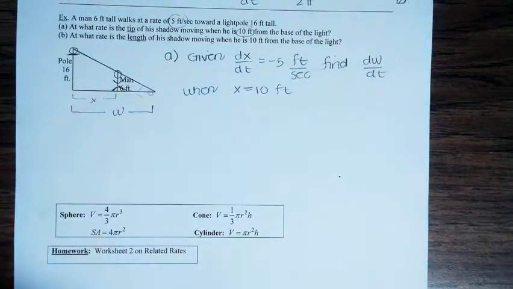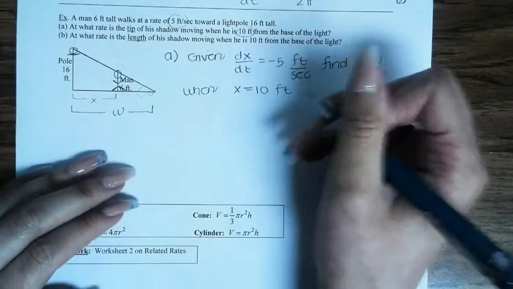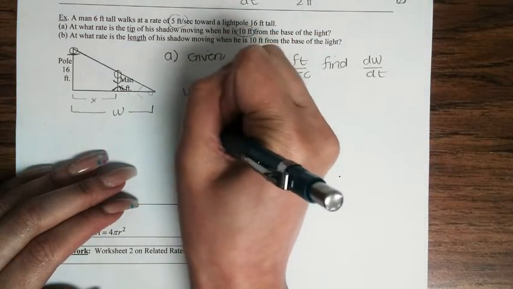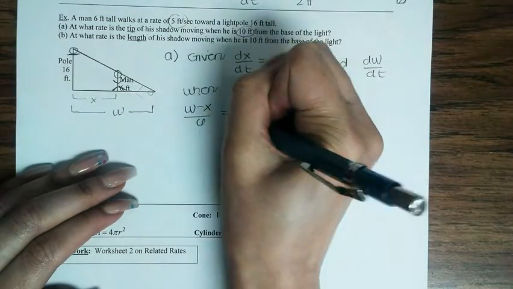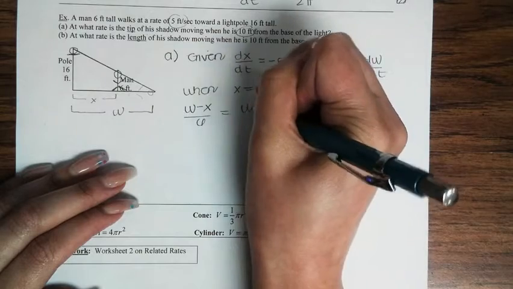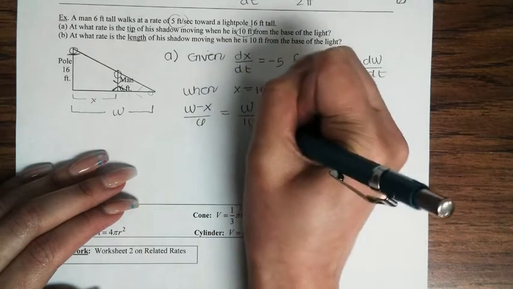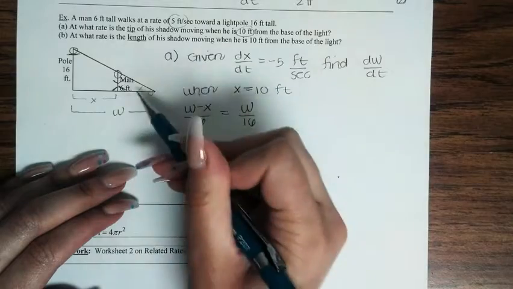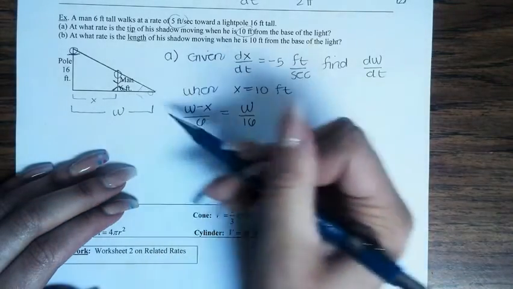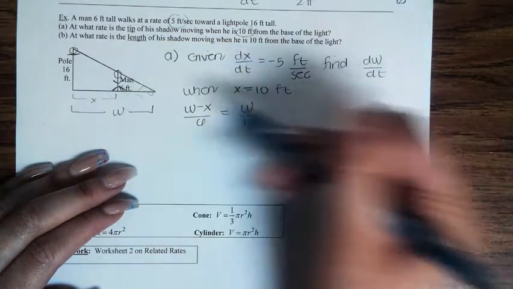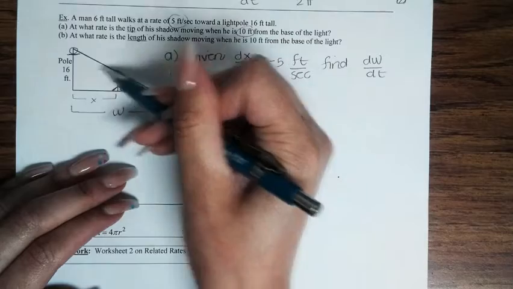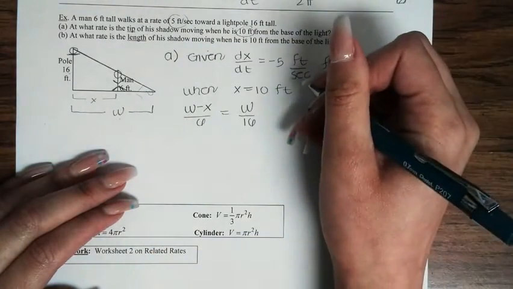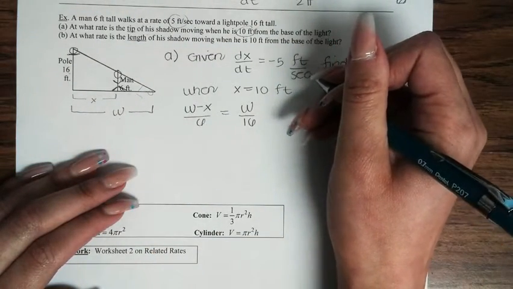From similarity, we have that W minus x divided by 6 is going to be equal to W divided by 16. Are we okay with that? This is similar to this, and then this is similar to this part. That's basically the ratio that we have over there.